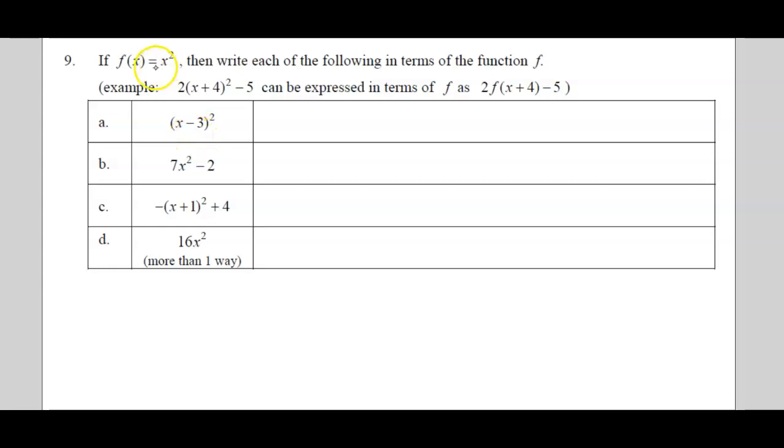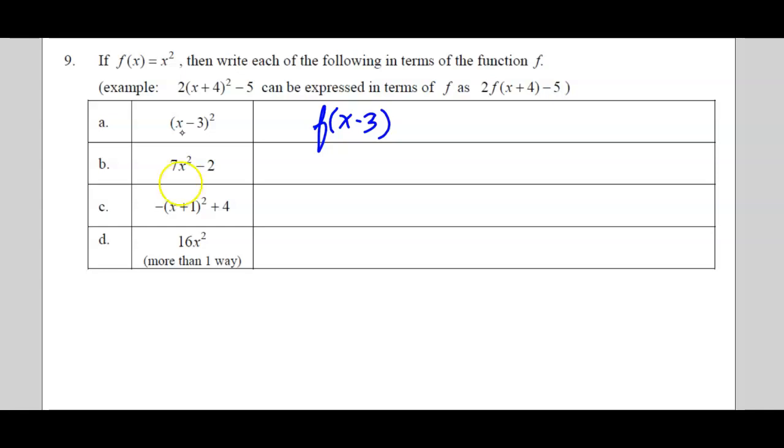If this is what I started with, that means I had to replace x with x minus 3. So this is going to be f of x minus 3. That would give me x minus 3 squared. Okay. So it's sort of the opposite of what we did on Friday. Now we're coming up with a function notation.